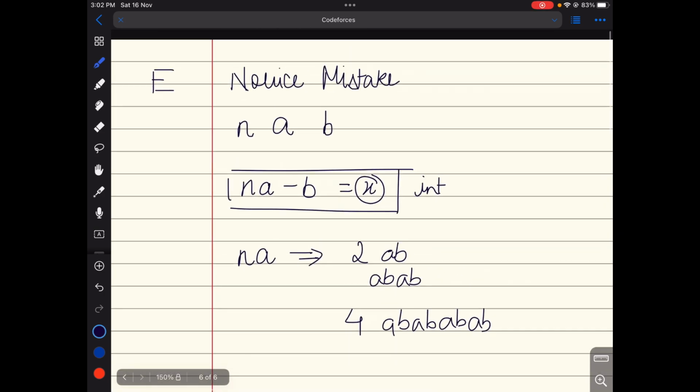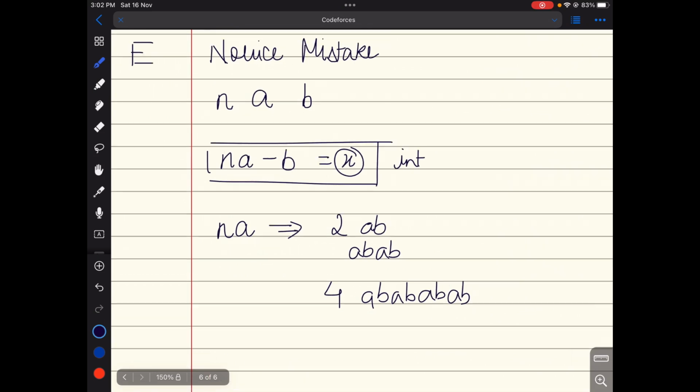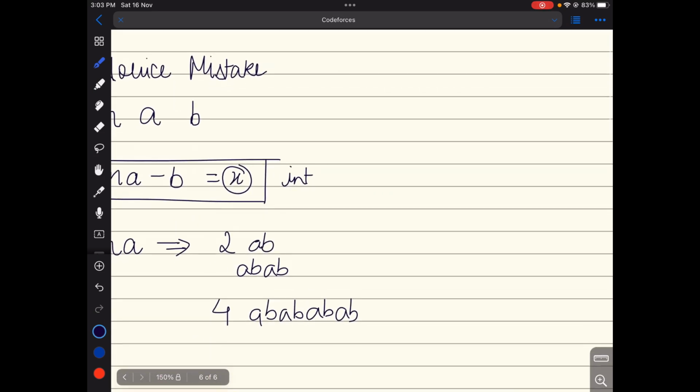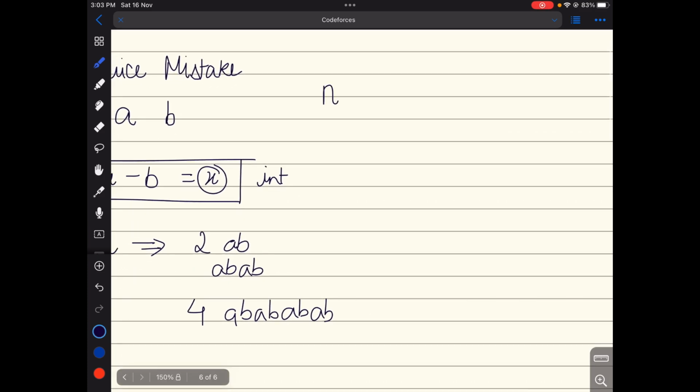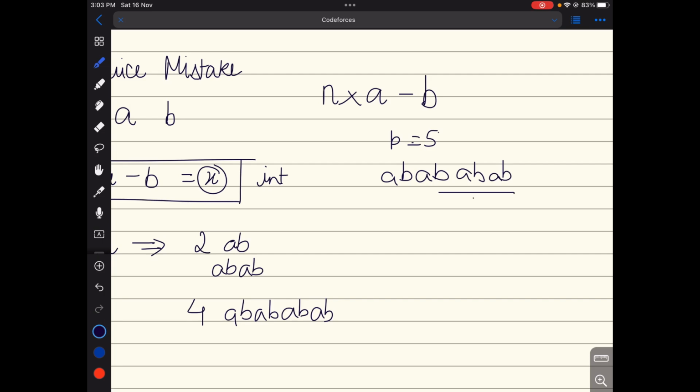Great. So this is what the question says, and if this n times a in terms of string is subtracted by b, let's say b is 5, and the string abababab, the last 5 characters are removed from the string, and we are left with only these 3.